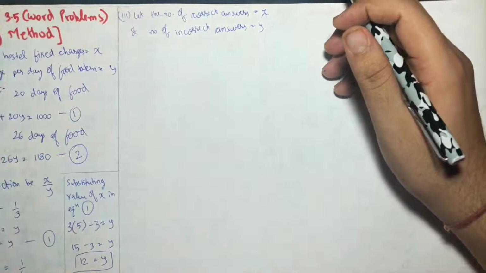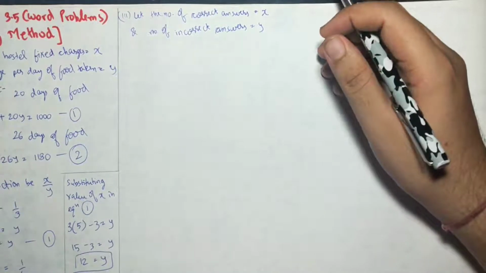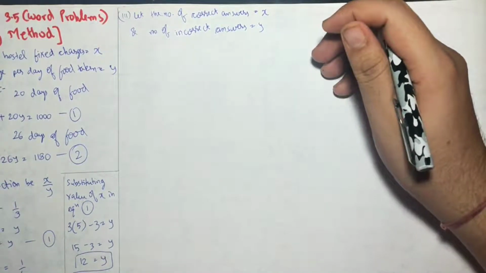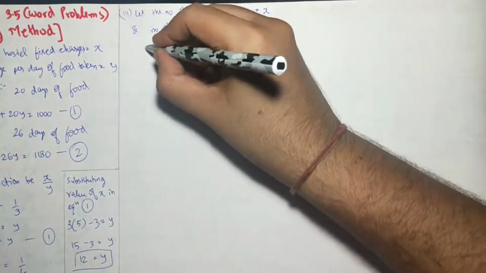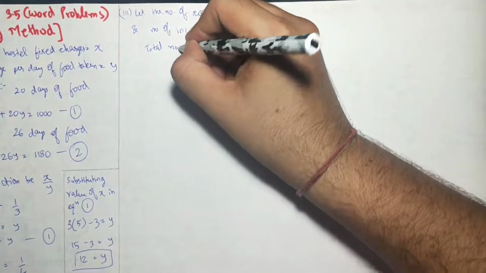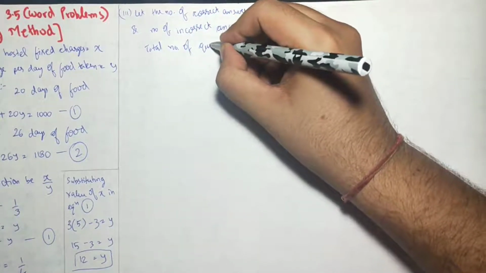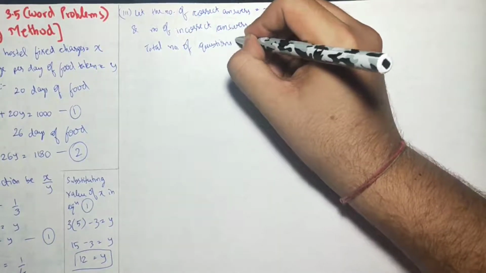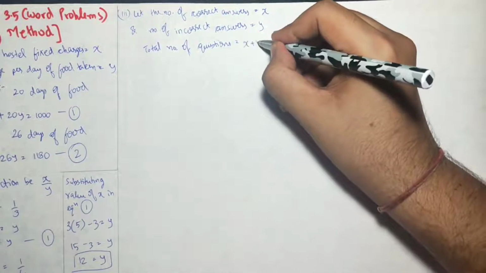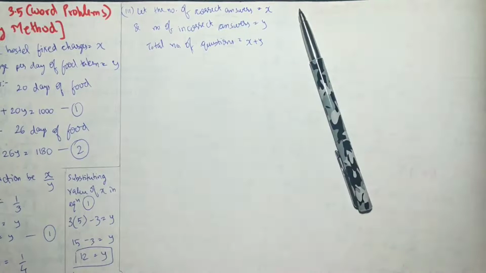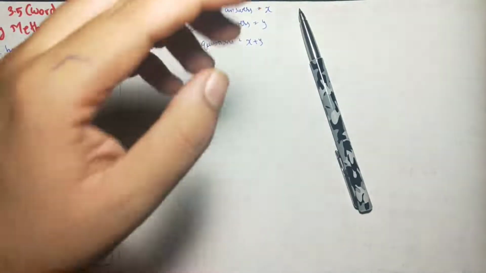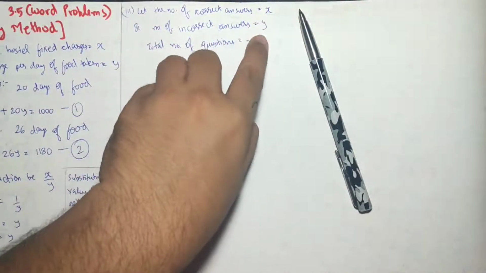If it had been given that 2 or 3 sums are left without attempting, then that would also be added. The total number of questions will be x plus y, on the condition he has not left any question without attempting. He has attempted, so either it will be right or it will be wrong.